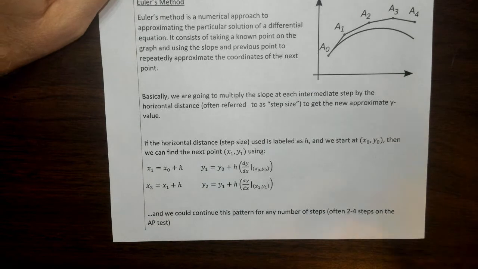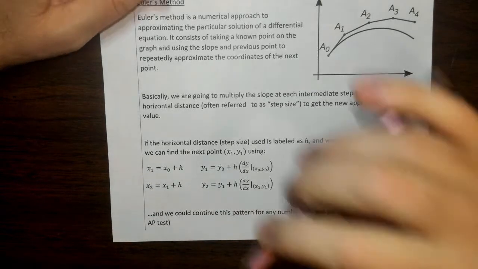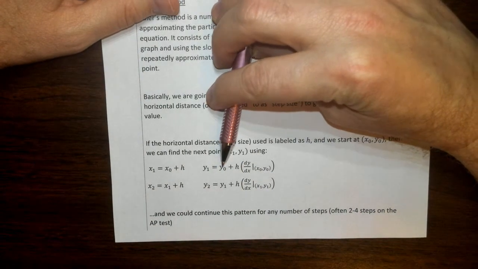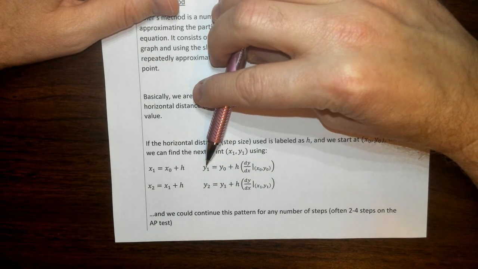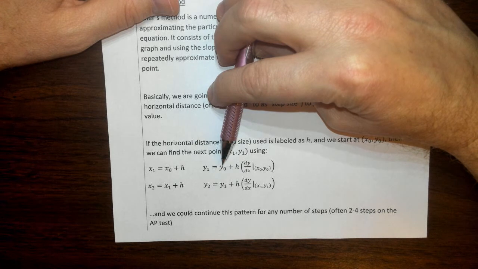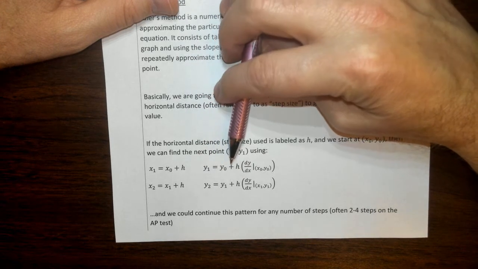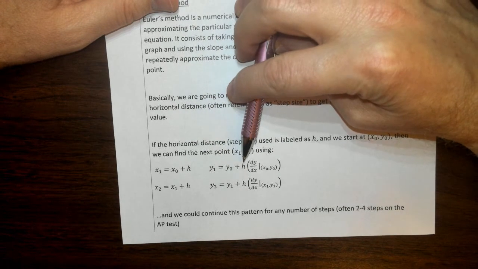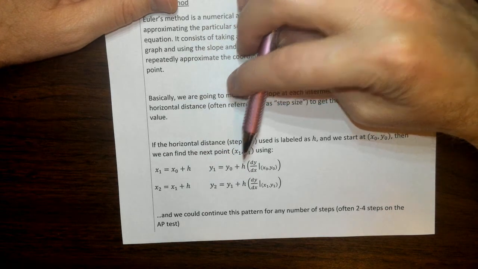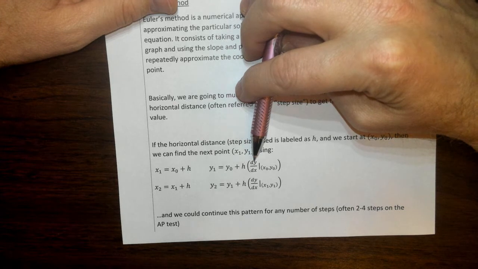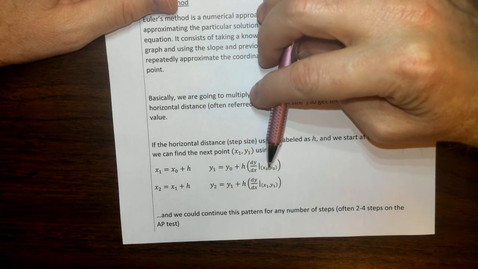And then the y's is where the actual calculation is going to happen. For the y's, we take the previous y value. So when I want y1, I'm going to take y0, the original y value, and add it to my step size h times the differential equation with the previous point substituted in.